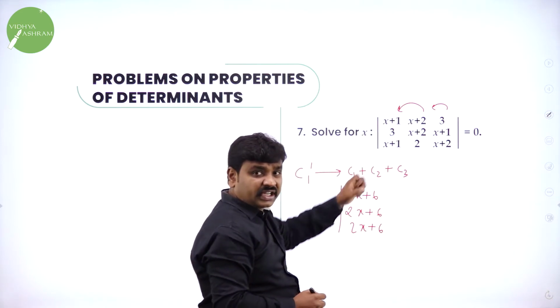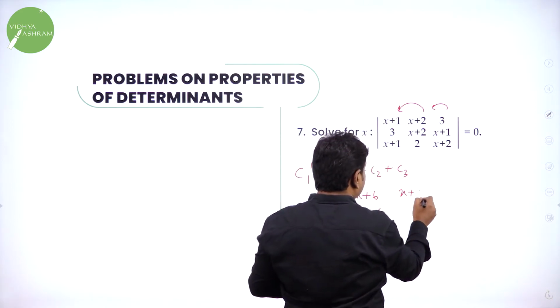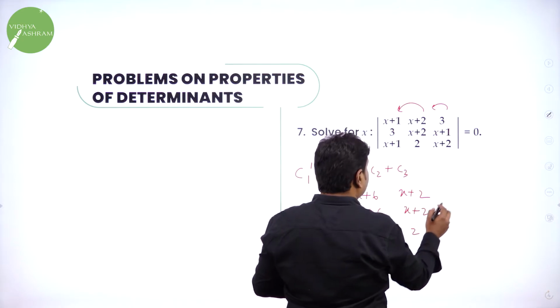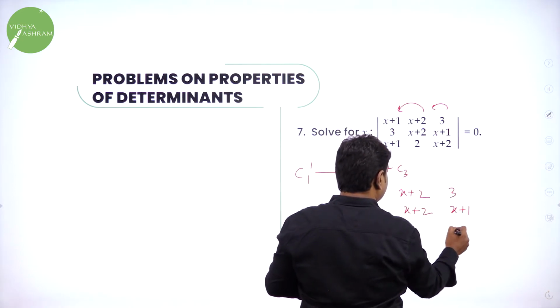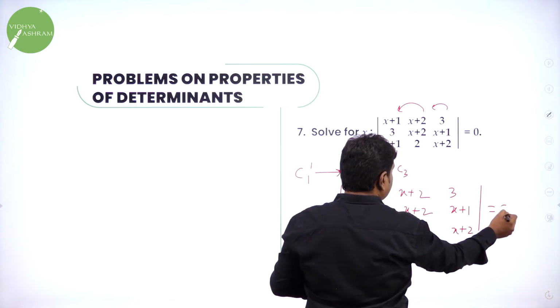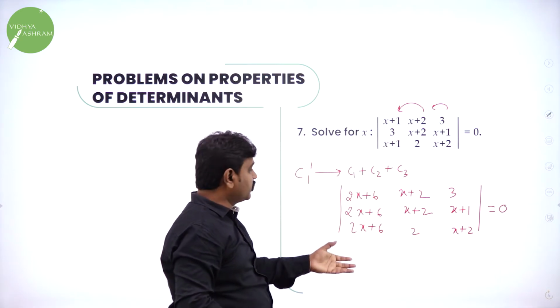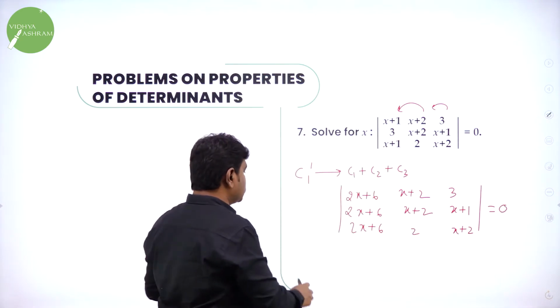Then the second column you retain. What is the second column? x plus 2, x plus 2, 2. The third column you retain, that is 3, x plus 1, x plus 2, equal to 0. Now we observe the first column. In the first column, what is common? 2x plus 6 is common.